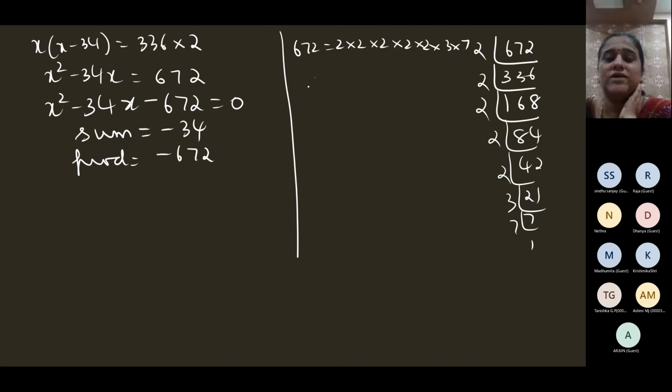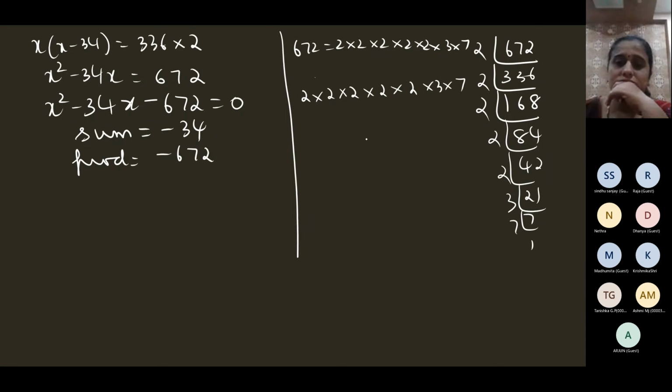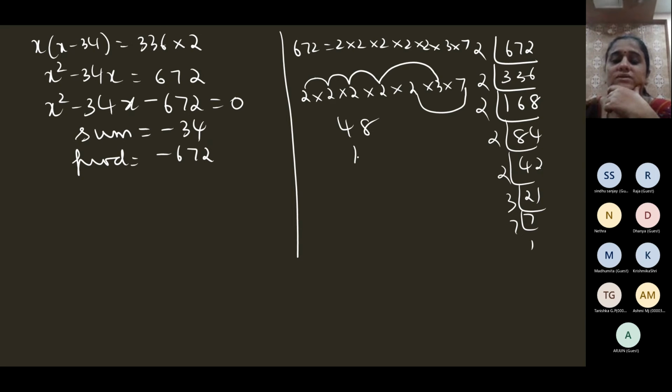See, we have to use these numbers. How many 2s are there? 1, 2, 3, 4, 5 2s and 1 3 and 1 7. So say 2 2s are 4, 4 2s are 8, 8 2s are 16, and 16 3s are 48, and 2 7s are 14.